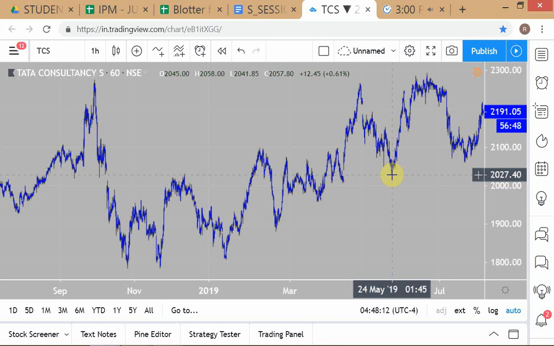If 2027 is the actual low, then the stop trigger level will be 2026.95, because it's trading in 5 paise increments. So 2026.95 is the first point where it is lower than 2027. Are you following? The same thing we went through yesterday.